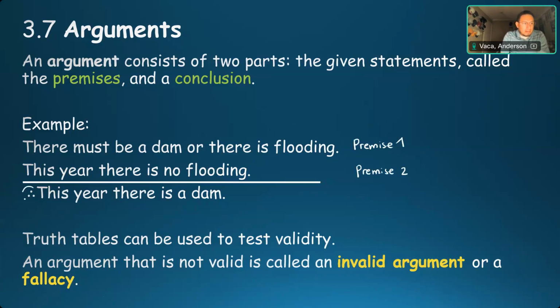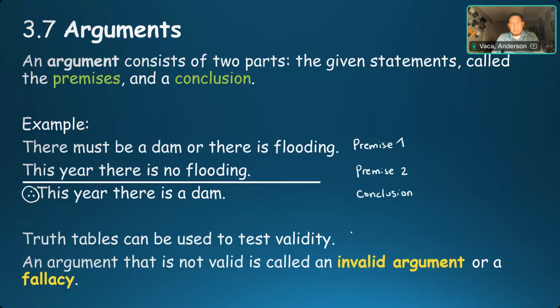And this symbol right here with those three little dots means that that is the conclusion. So this particular argument reads: there must be a dam or there is flooding. This year, there is no flooding. So, in conclusion, this year, there is a dam. It's made up of two premises and one conclusion. Every argument that we'll look at will have premises and a very clear conclusion.